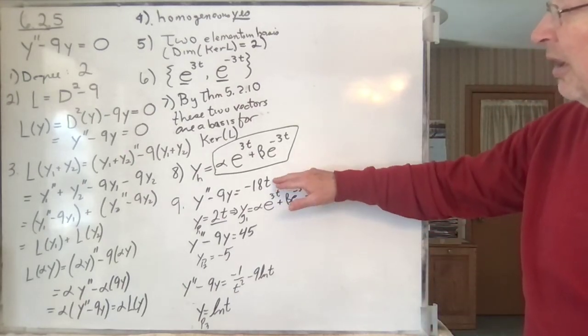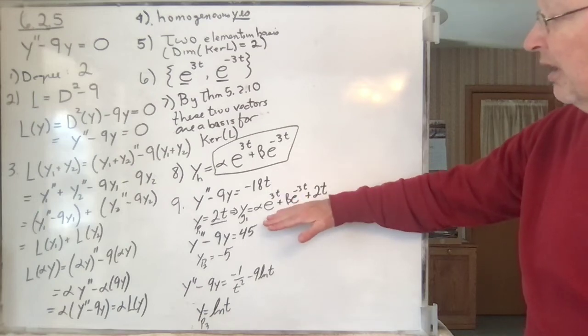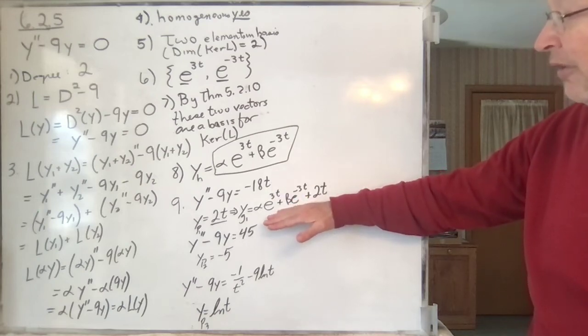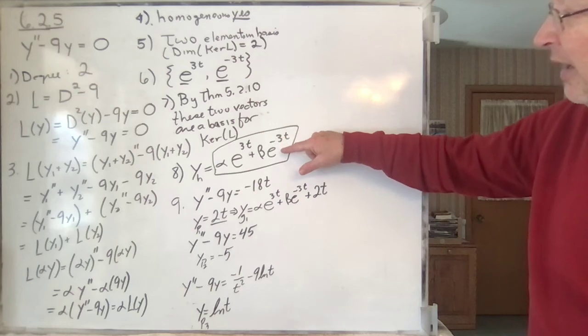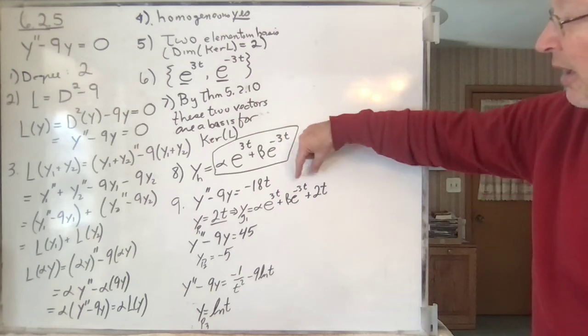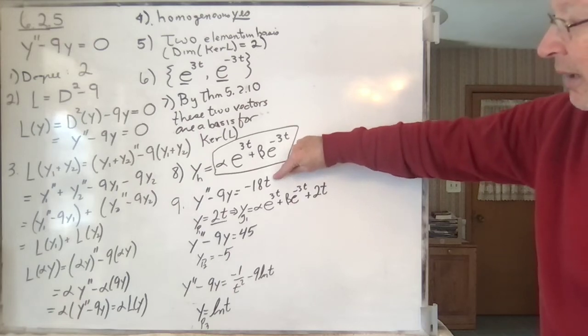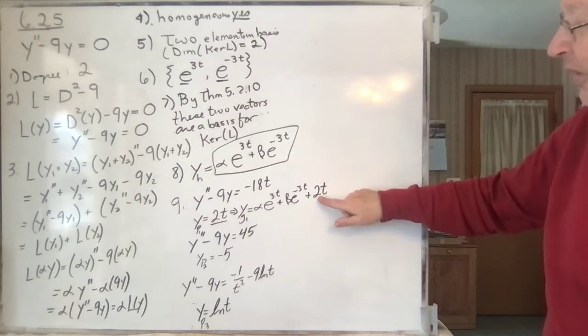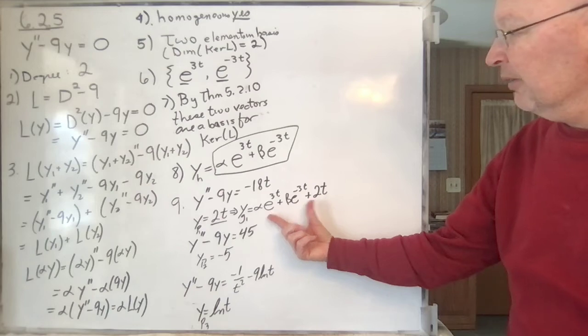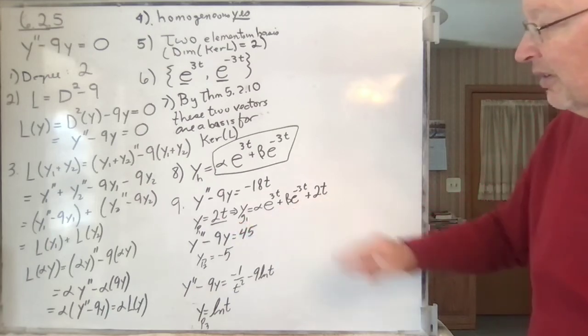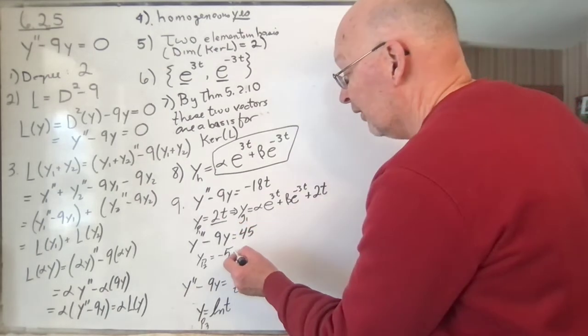Every solution to this differential equation is of this form. That's what's cool. All we have to do is find the solution to the homogeneous, and then we throw on the solution to the non-homogeneous, this particular solution, and you combine them together, and you've got the general solution. So you should be able to figure these out.